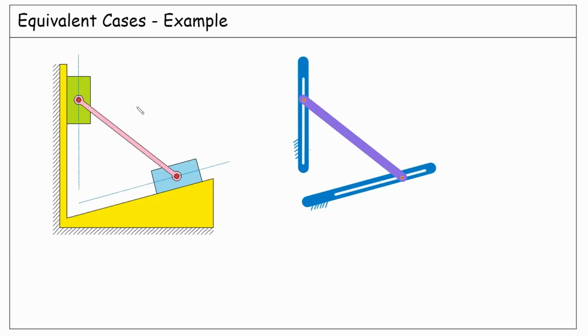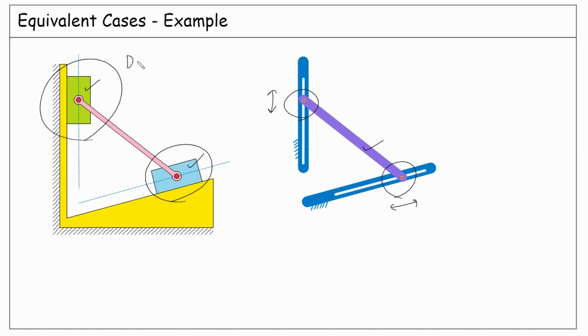In this example, we want to simplify and suggest an equivalent system using pin on slot joints. We have 2 sliders moving along a straight path on the ground, and on the other hand, the sliders are pinned to a rigid link. So we can replace each of the sliders with a pin belonging to the rigid link, which is directly moving along a slot on the ground.